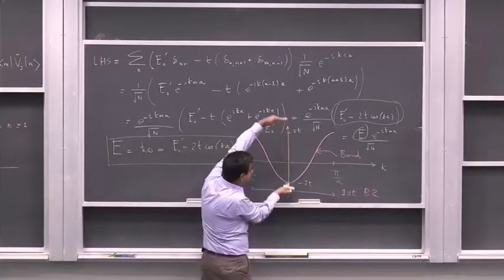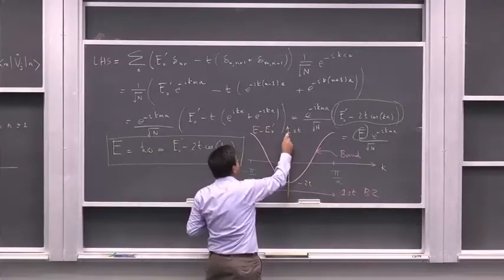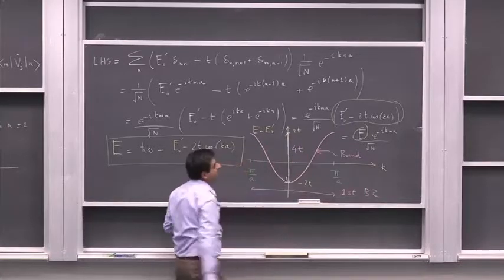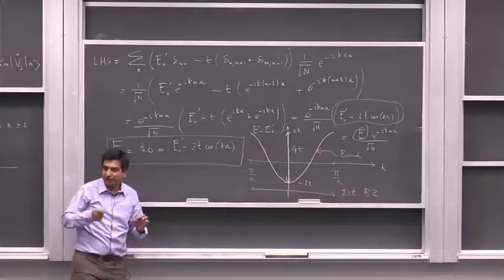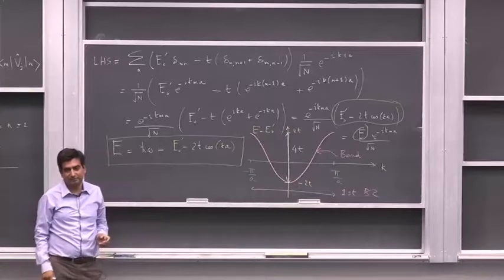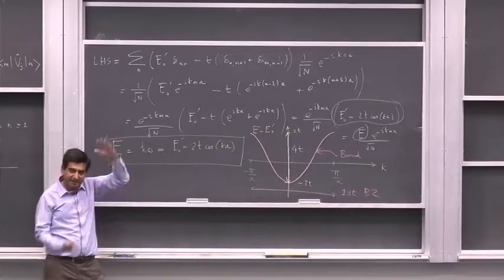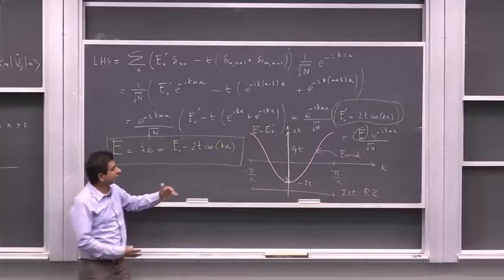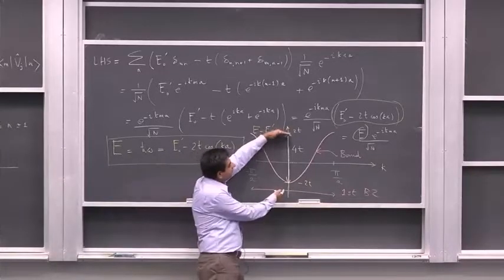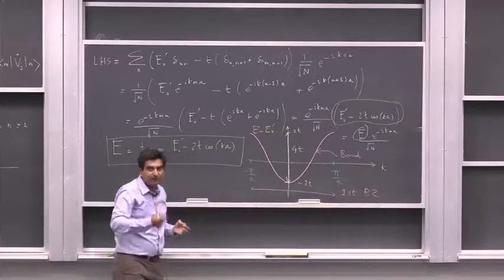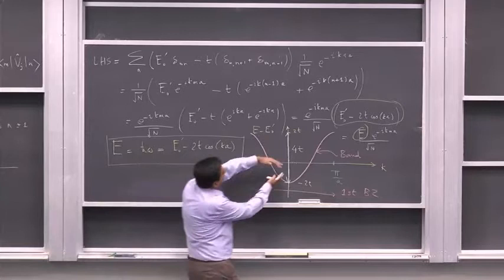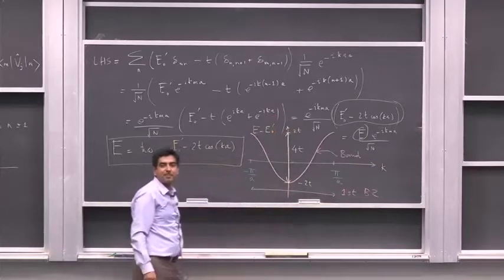This is the spread of this band in units of energy. It's one-dimensional, so it's 4 times t into 1. For 2D, it's going to be 8t. For 3D, it's going to be 12t. So the bandwidth of this band is 4 times t, where t is some hopping parameter. If t is large, the bandwidth is large.